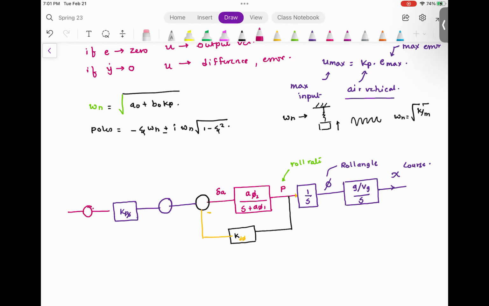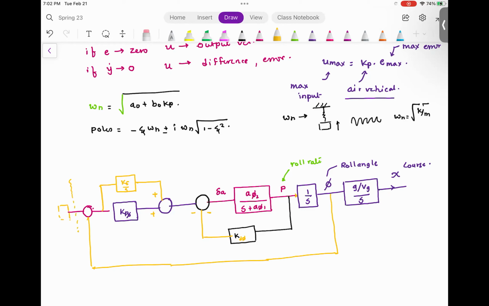Here we add one integrator loop, which is Ki divided by S, and this integrator loop gets fed over here. You have minus here, and then here you have phi coming from here. And then there is a control term, but that we will talk about in the next class.